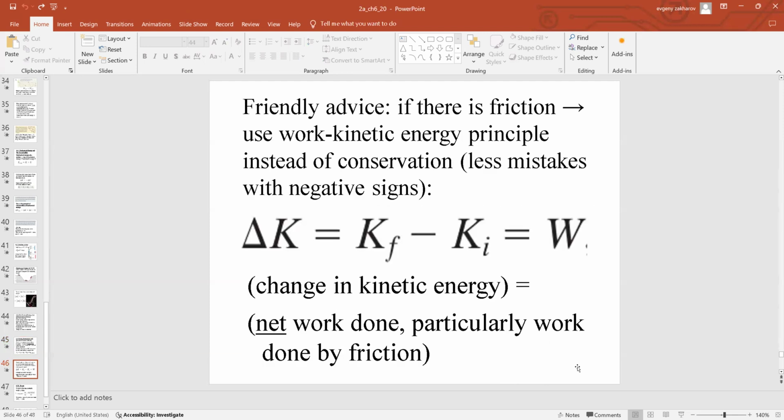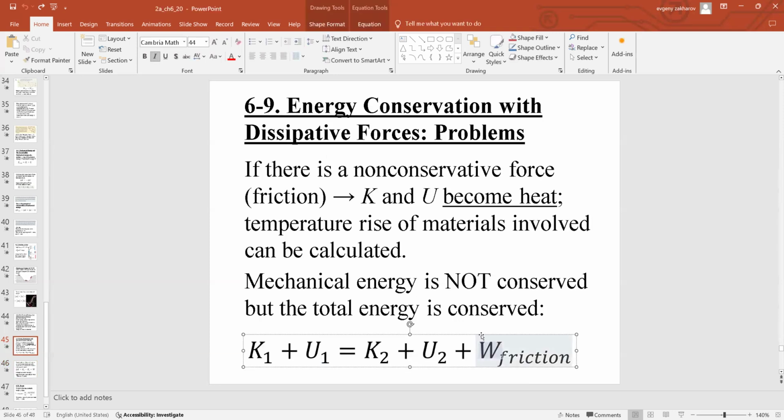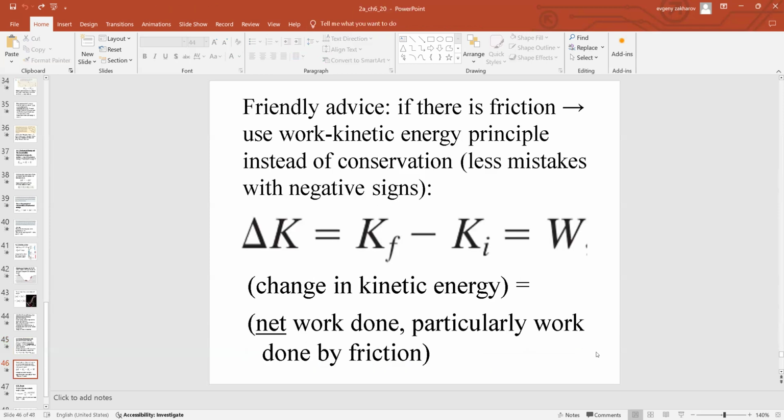So what I recommend you do at all times when you have friction is you forget the energy balance. Do not do energy balance, but rather do the change in kinetic energy equals work done by all the forces theorem or the principle. Because change in kinetic energy is a straightforward thing. Change is final, take away initial.